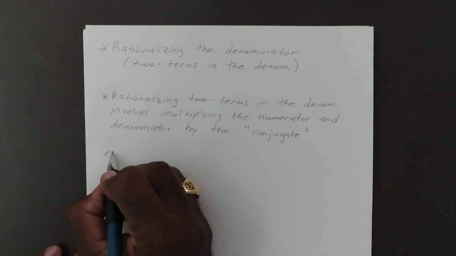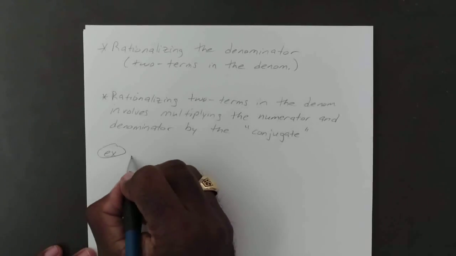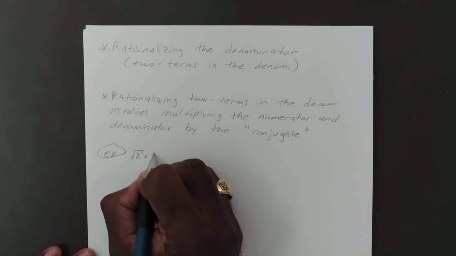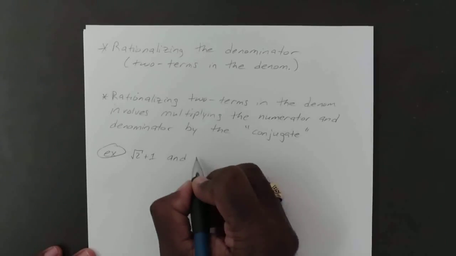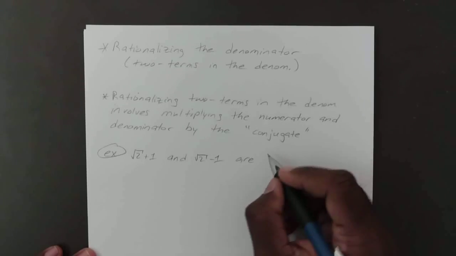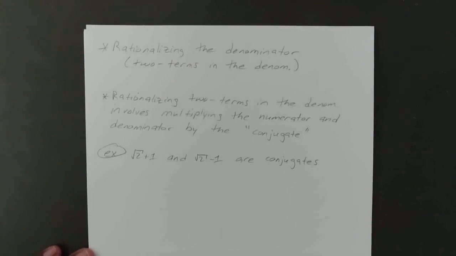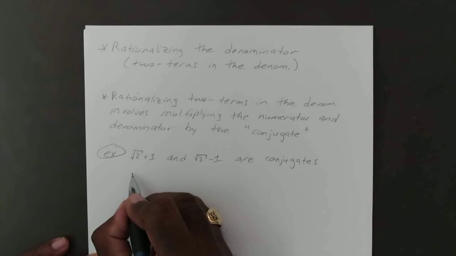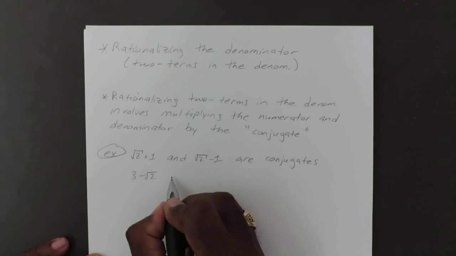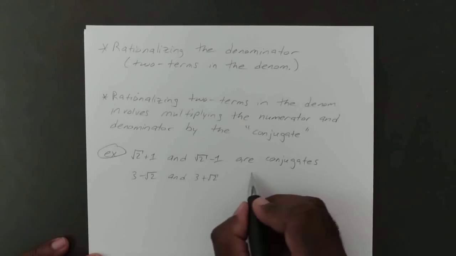So for example, let's say square root of 2 plus 1 and square root of 2 minus 1 are conjugates of each other. Same thing with 3 minus square root of 2 and 3 plus square root of 2 are conjugates.